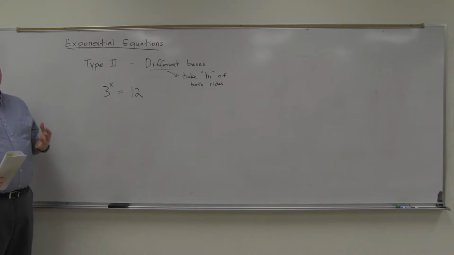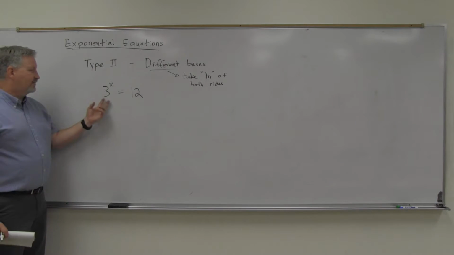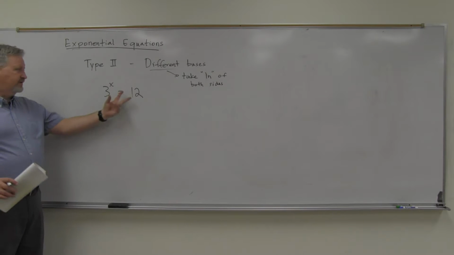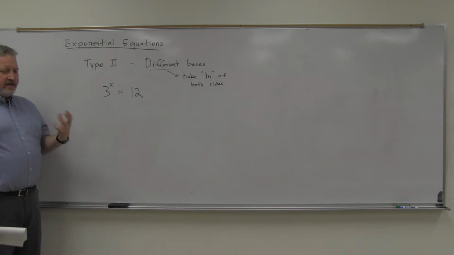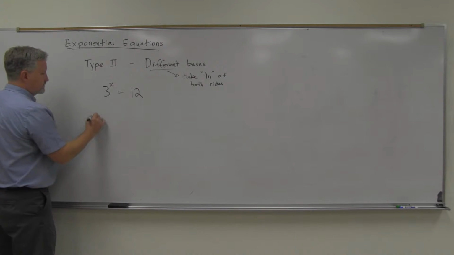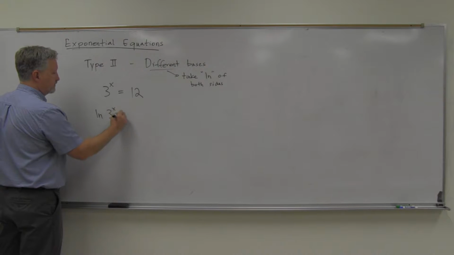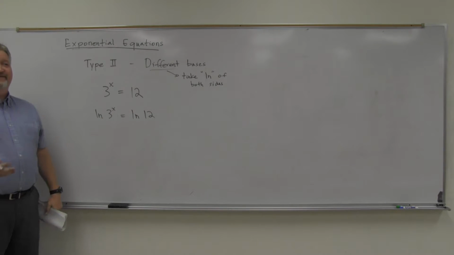That's going to be our go-to technique if we have different bases on both sides. All right, so I've got 3 to the x equals 12. Can't really do our same base thing, so I can't cancel exponents and all that, or bases. So I'm going to take this one and ln both sides, right? Because doing the same thing to both sides, that's usually an okay thing to do.